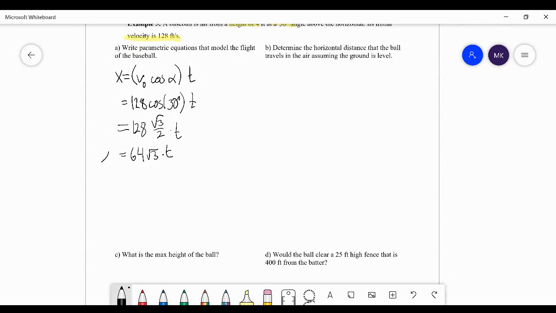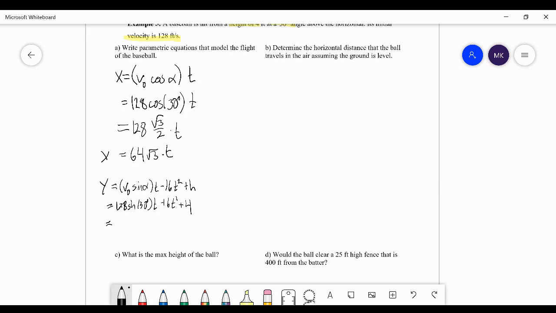Now, y is equal to this bigger equation, this v sub 0 sine of alpha times t minus 16t squared plus h. So we have 128 sine of 30 degrees times t minus 16 t squared plus 4.